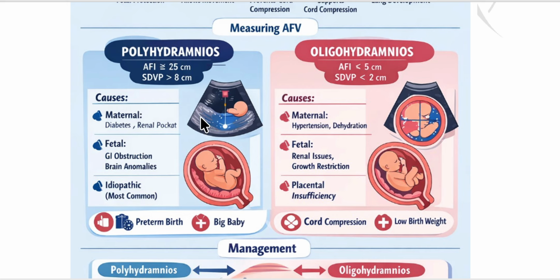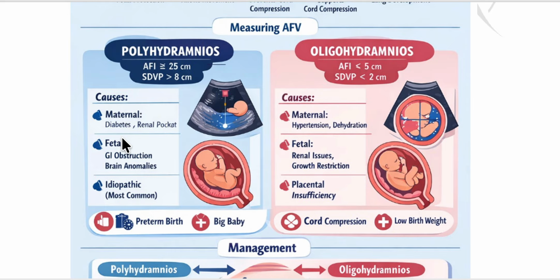So what are the causes? These are the causes they have given. Polyhydramnios causes: maternal causes are diabetes, renal issues; fetal causes are GIT obstruction, brain anomalies, and idiopathic causes. Oligohydramnios causes: maternal are hypertension and dehydration; fetal causes are renal issues and growth restriction.